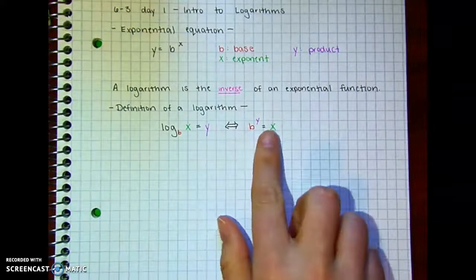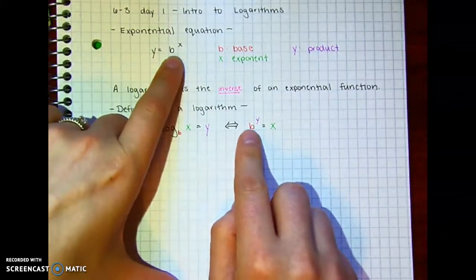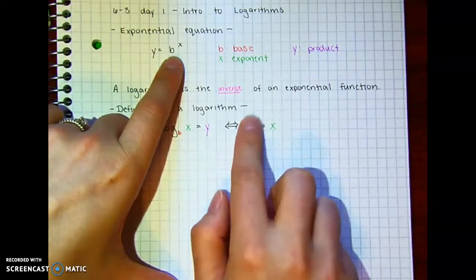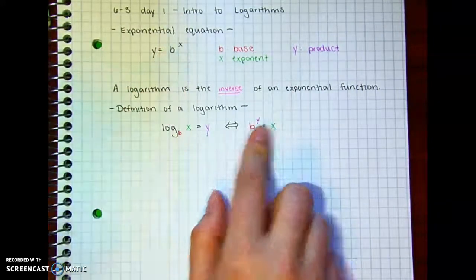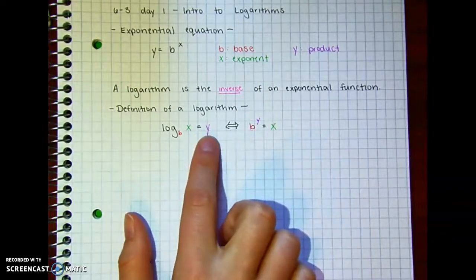So these are following the inverse definition. B to the power of y equals x is the inverse, but we have logarithms because this is hard to follow and we want it to equal y.